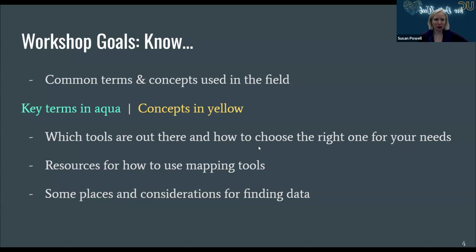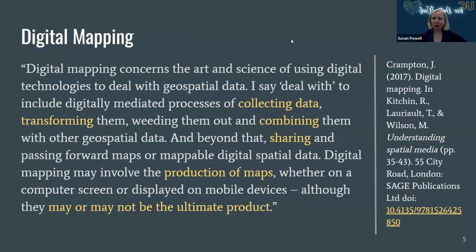All right. So I like to start with this quote about digital mapping because I feel like it helps broaden the context of what we're talking about with digital mapping and GIS. It's really about all the things that you do in relation to mapping, including collecting data, transforming them, how you're planning to share the maps, and the production of maps may or may not actually be an end result of GIS and mapping.